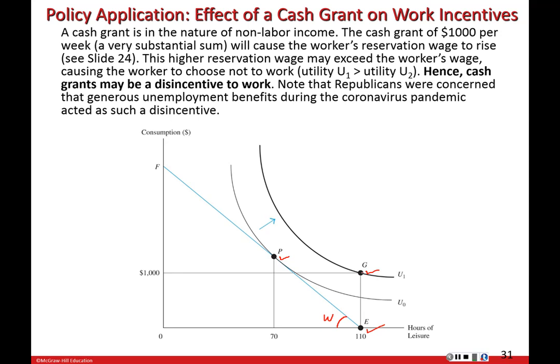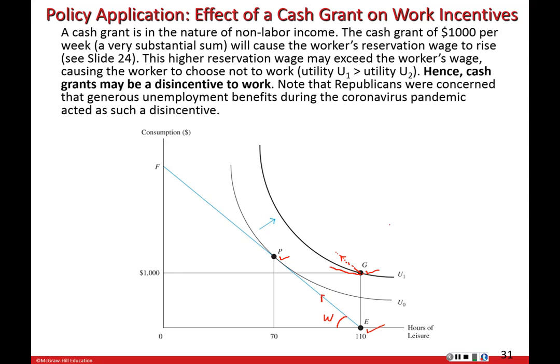And in fact, if I were to draw in this diagram the budget line outward like this, that of course would be parallel to the blue line that you see here. And you can see quite clearly that the reservation wage, which is the slope of the tangent to the indifference curve at point G, very poorly drawn, but you can see that that slope is less than the slope of this blue line, which I'm trying to replicate here with a dotted line.